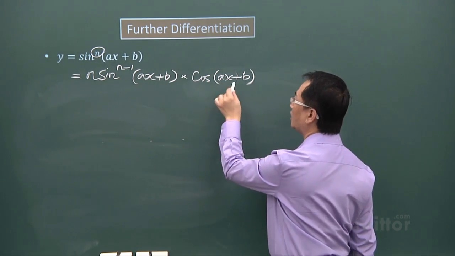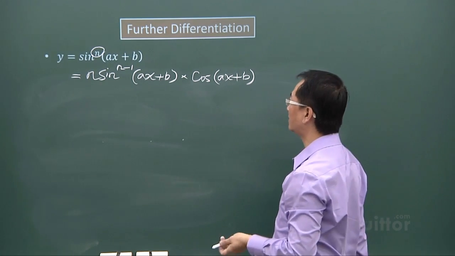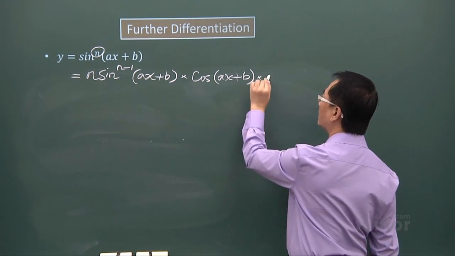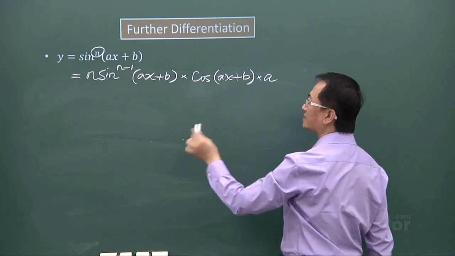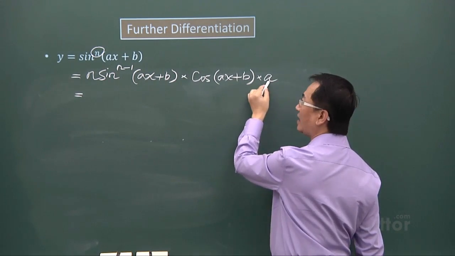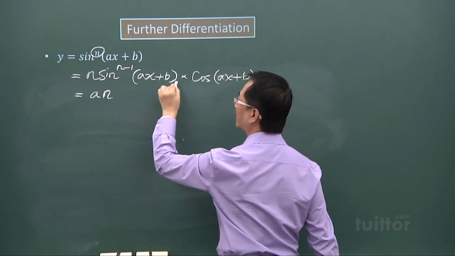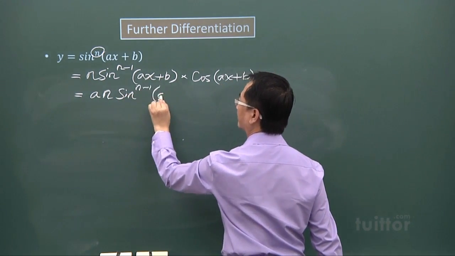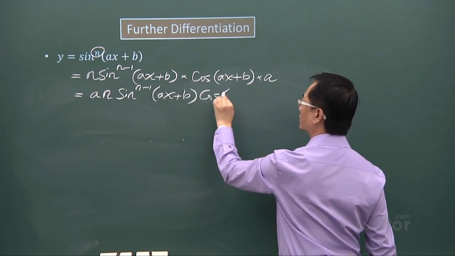Then you would consider differentiation of the angular expression. From our previous cases, we know it's going to give us a. Summarize this by simplifying it: a times n, and this first, followed by cos.